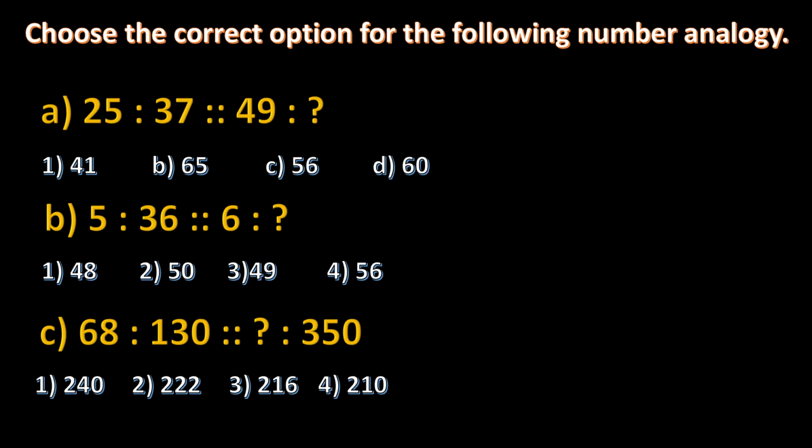Okay, students. So you have 3 questions on your screen now. So what they are saying, choose the correct option for the following number analogy. Okay, and you have a 50 seconds timer for all the 3 questions.